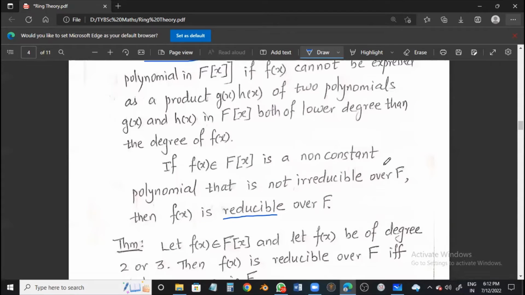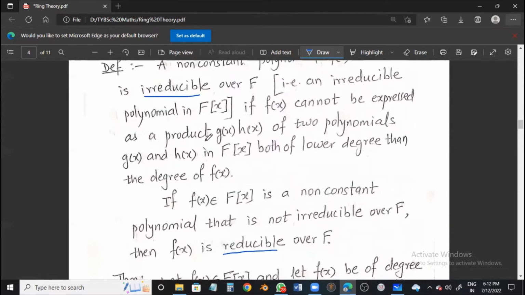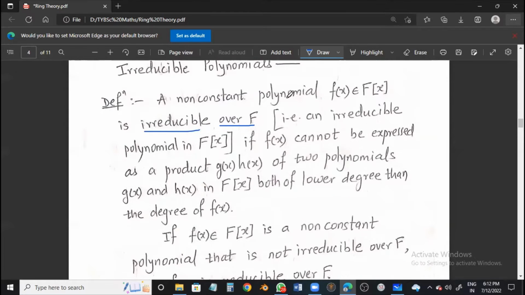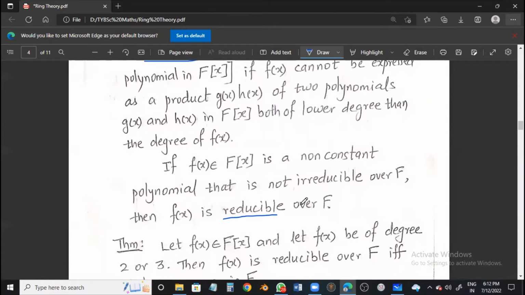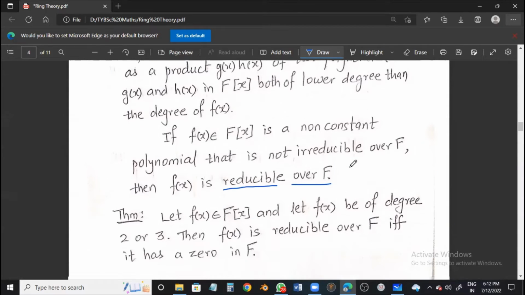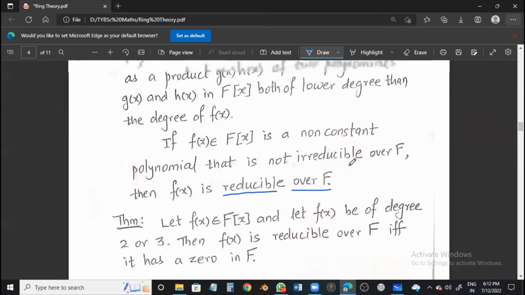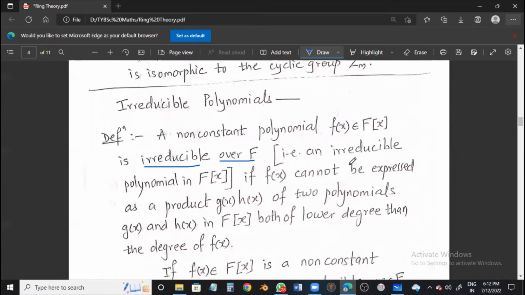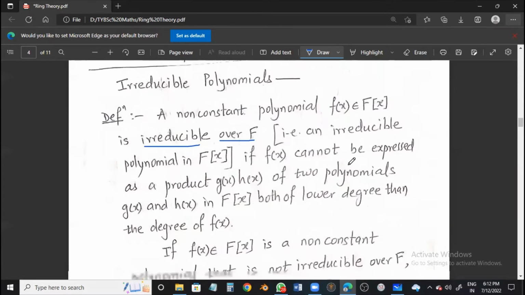The one which is not irreducible is said to be reducible. Only one thing I have to concentrate on, the wording: over F. Irreducible over F and reducible over F. What do I mean by this? We have already seen this last time.